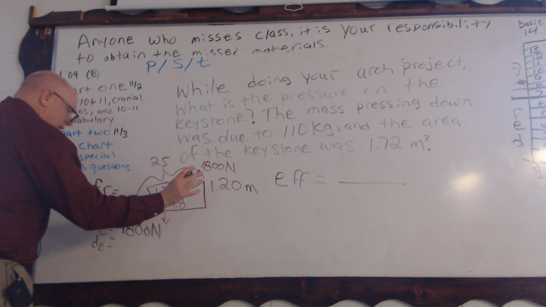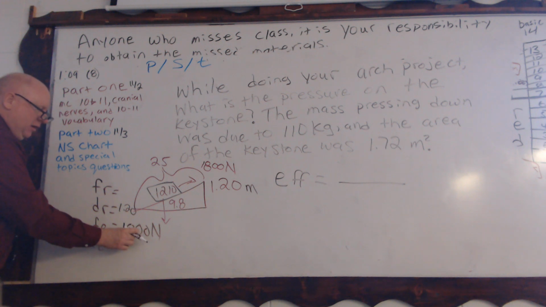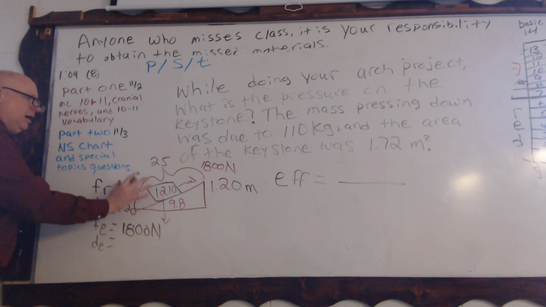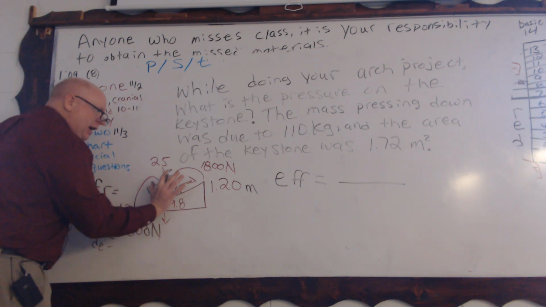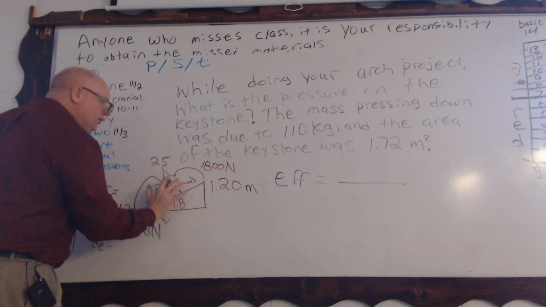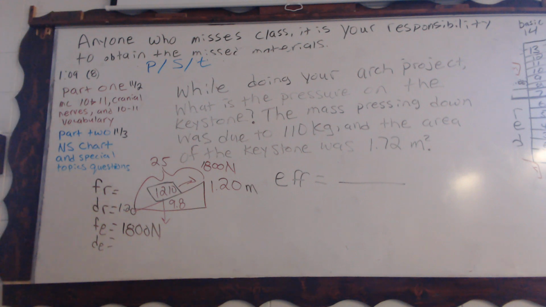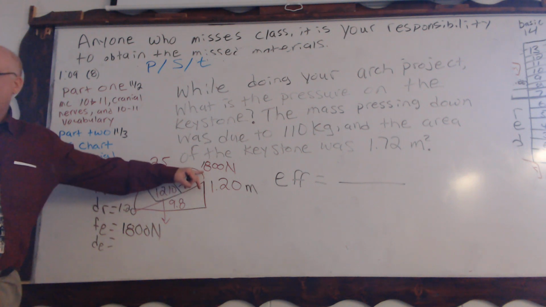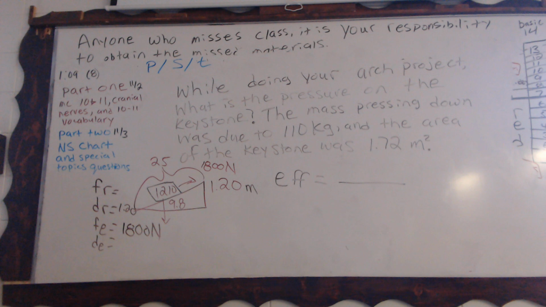Now, we placed this here, this 1,800 newtons. You're saying that we're applying that 1,800 newtons going up this ramp. So for how long are you placing that 1,800 newtons in there? It'd be the length of the ramp, correct? So when you do that, there's only one other place that you can put that variable.